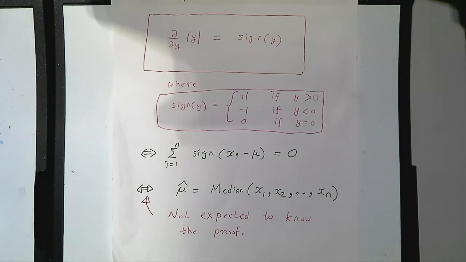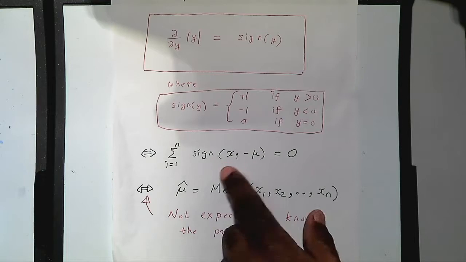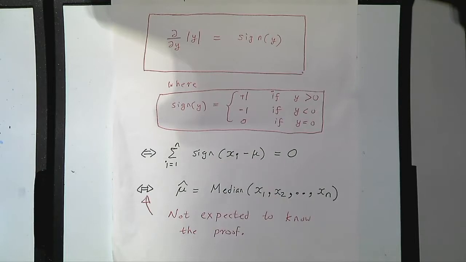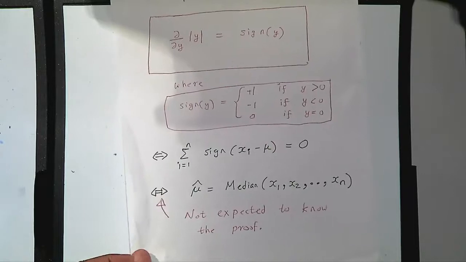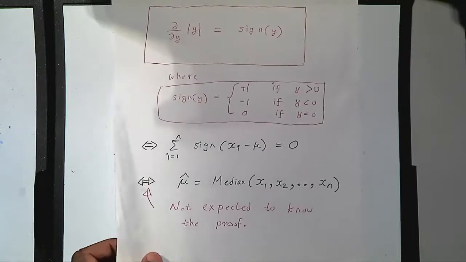It can be proved mathematically that the solution for this equation is that mu equal to the median of x. You know what the median is. We talked about it a long time ago, right? Okay. So that is equation 1.